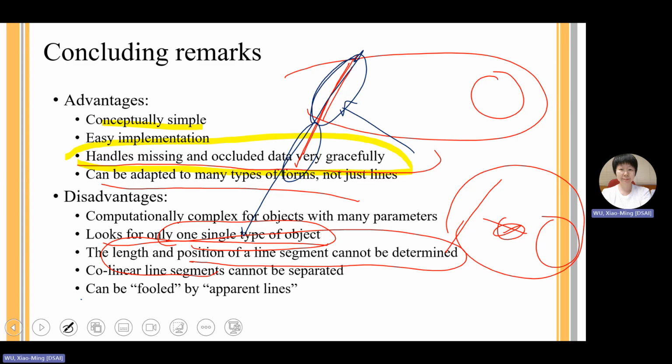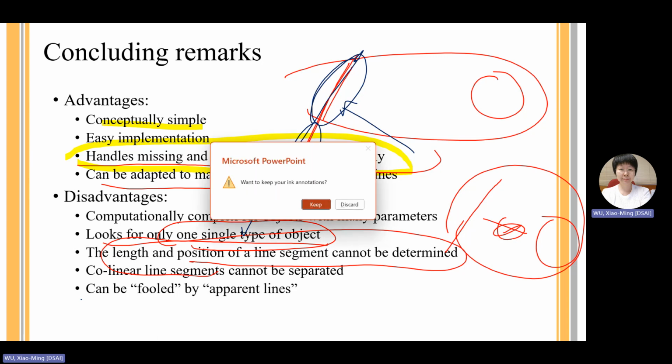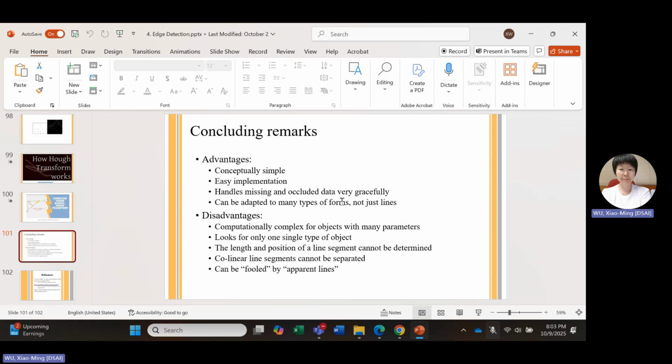So this is what I want to say about the Hough transform. While it's an elegant algorithm, it's not very easy to understand. That's why the exercise about the Hough transform is left as a bonus in your lab 1 assignment. If you feel comfortable, if you want to do it, just do it.